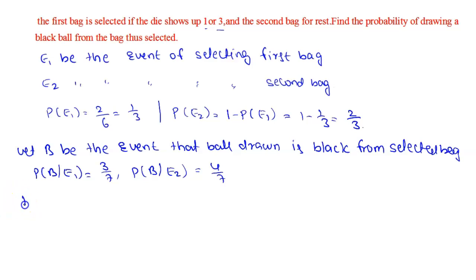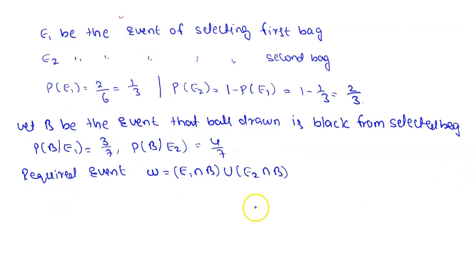Same thing here, required event. I am taking here W is equal to E1 intersection B union E2 intersection B. So here P of W I am taking. Why I changed it: if you write B, you will think that is the black ball.